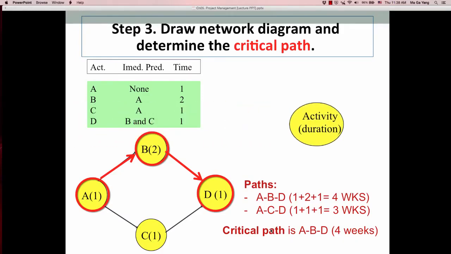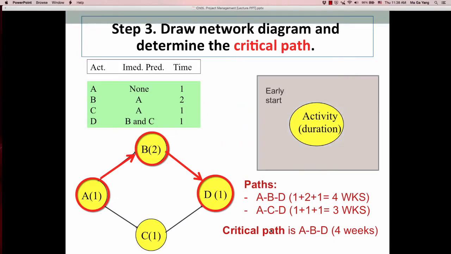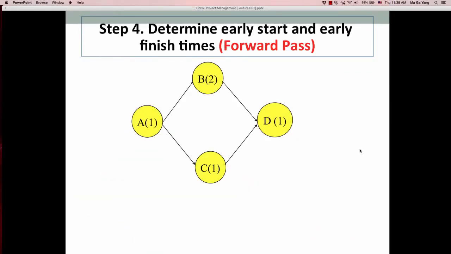Now we have to schedule the project. So we use the early start, early finish, late start, and late finish times. Each of these we place in a special place. So step 4, we determine the early start and early finish times using the forward pass.